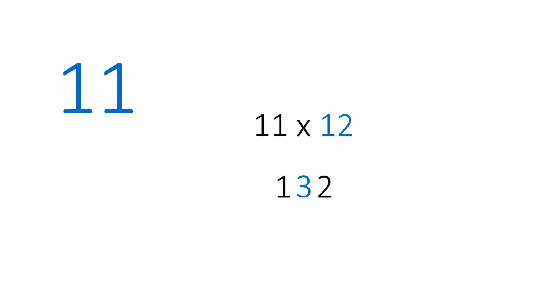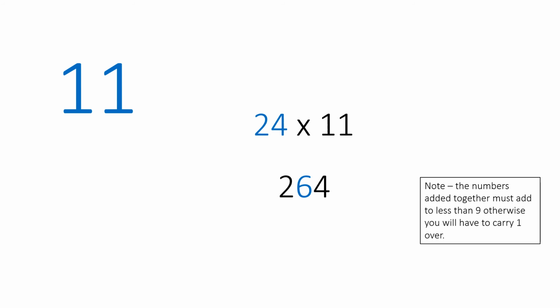Let's say it was a harder number. 24 times 11. 2 to the front, 4 to the back. 2 add 4, 6, goes in the middle. So 264. Just make a note that the numbers added together must add to less than 9, otherwise you have to carry 1 over. For example, 5 add 6 equals 11.